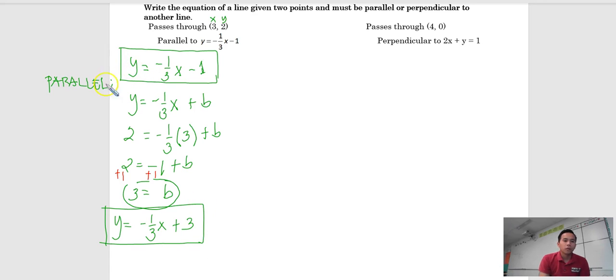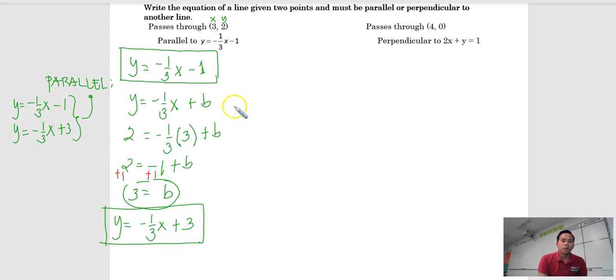Therefore, we are doing the parallel: y is equal to negative 1/3 x minus 1, and y is equal to negative 1/3 x plus 3. These are parallel.